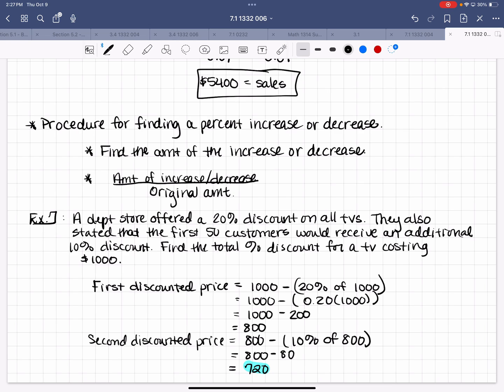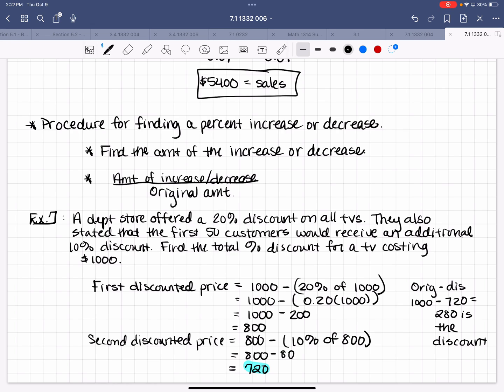If the TV was originally 1,000 minus the discounted price, so I've got 1,000 minus the 720, because that was my discount price. How much did they really take off? $280. Okay. $280 is the total discount.